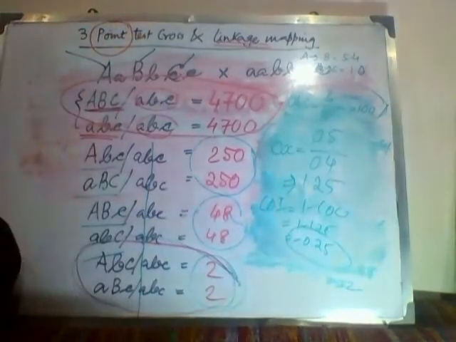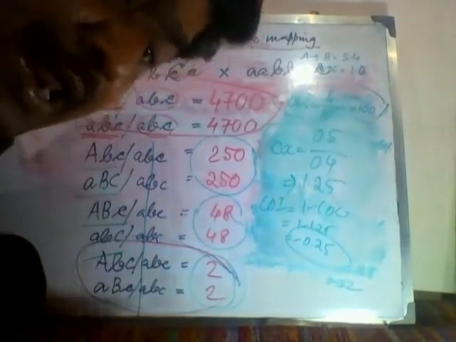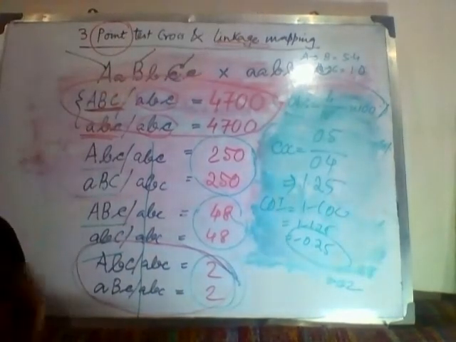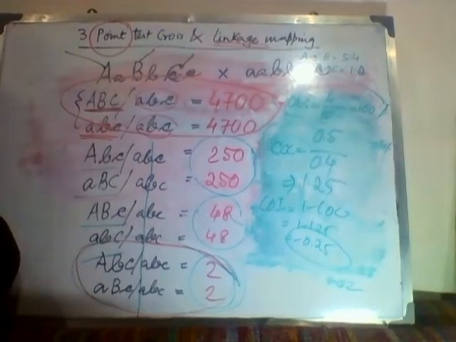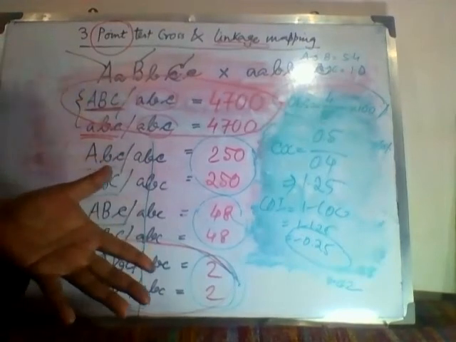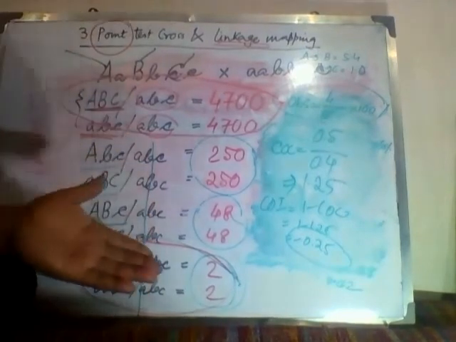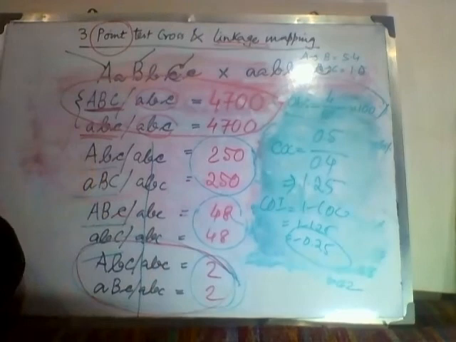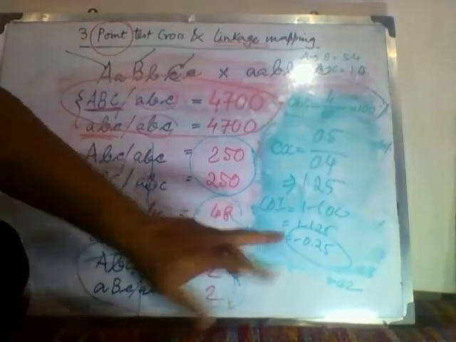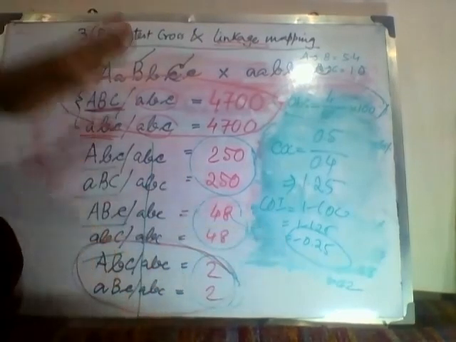This event is known as negative interference. This sometimes occurs where one crossing over, instead of inhibiting the second crossing over in a nearby locus, promotes the second crossing over, right? That's why we get more observed double crossing over types than our expectation. So in this case, don't be afraid that your maths deduction is wrong.